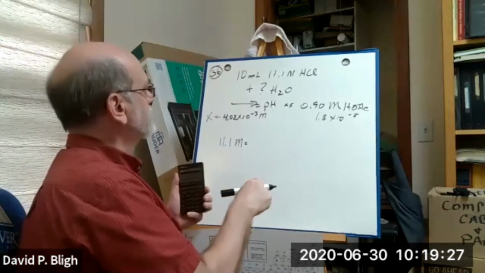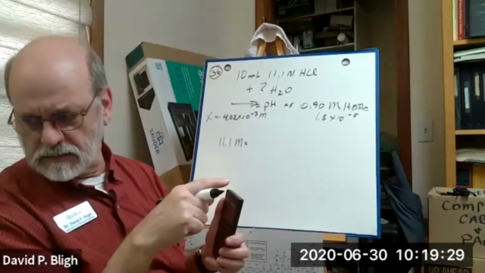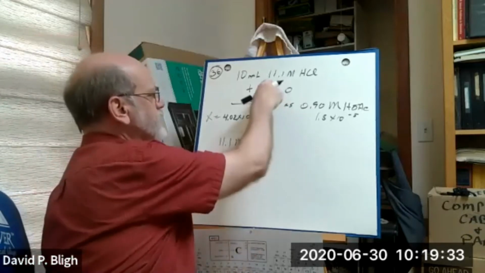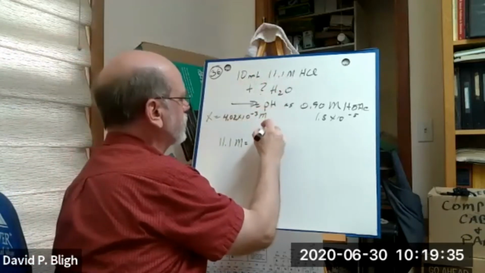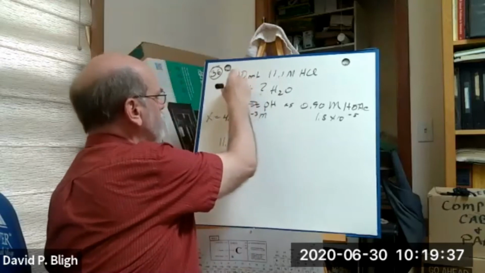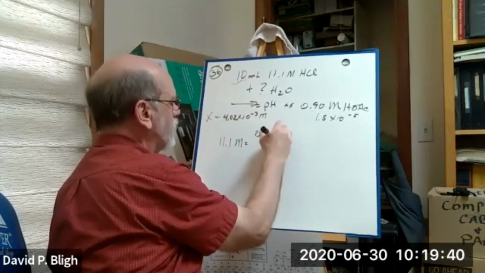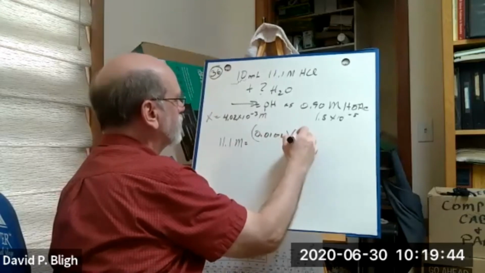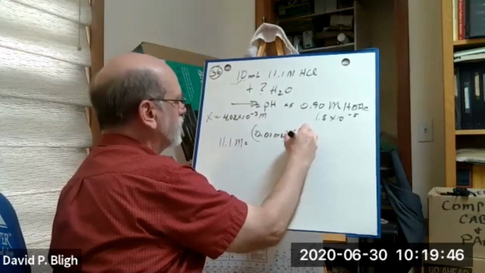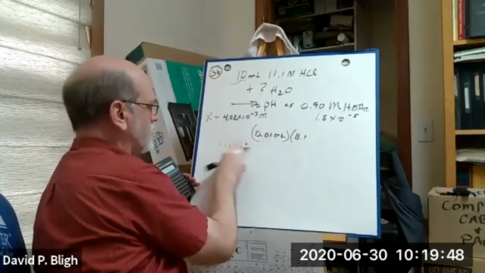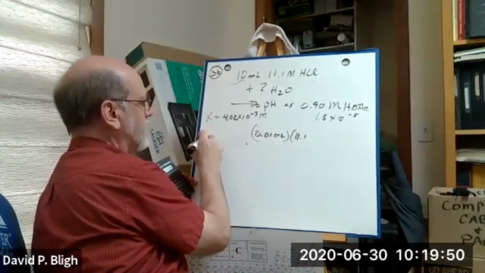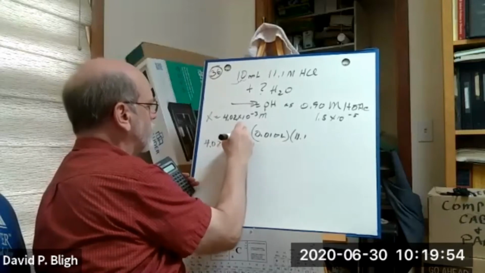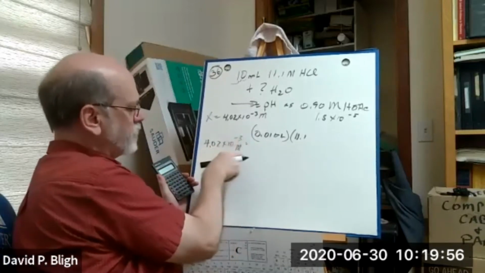Which is determined here, which is 0.010 liters times 11.1. That's not right. That's 4.02 times 10 to the third. That's what we're shooting for.